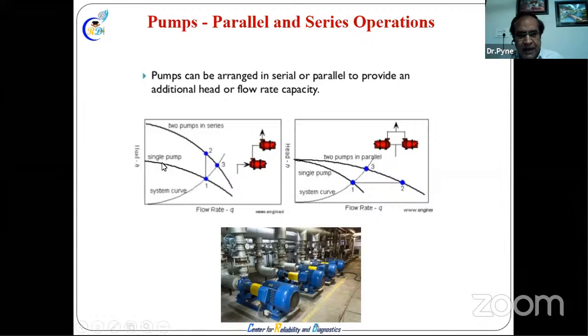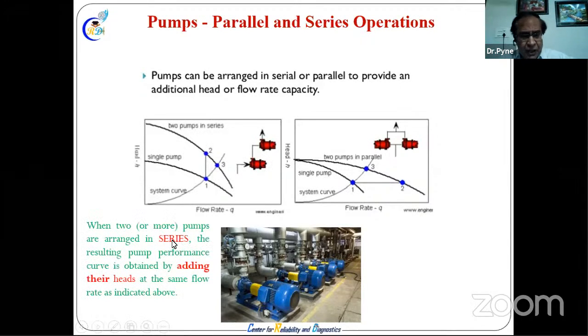In series it is different. In series, what happens? The heads add. So when you pump water from some dam here in Mumbai and get it to Panvel, from Panvel another pump, another series, you want to keep the pressure head intact. So for more pressure head, you can do a number of series connections. And in that, we are thinking about head increase, not the flow.